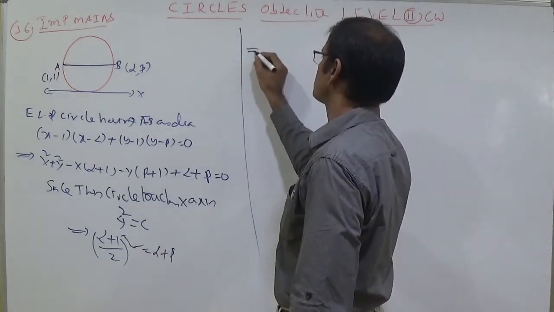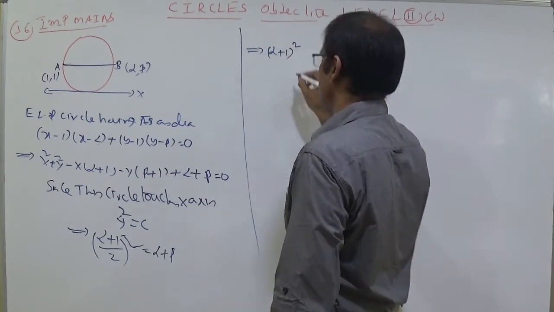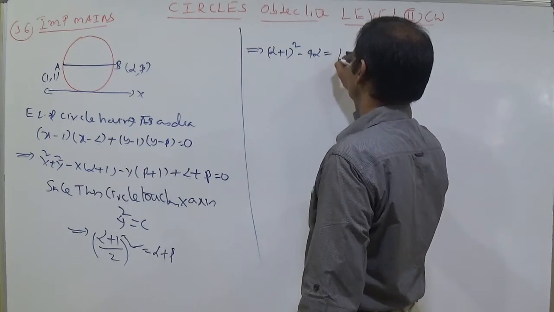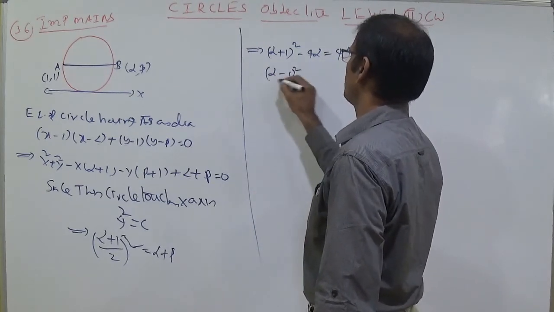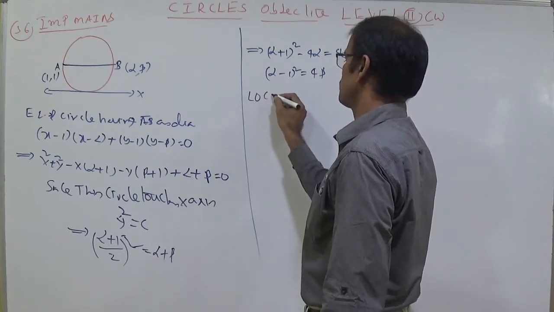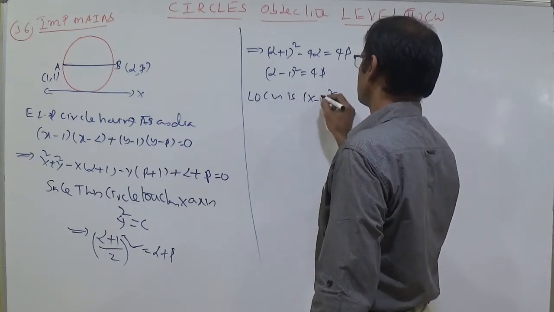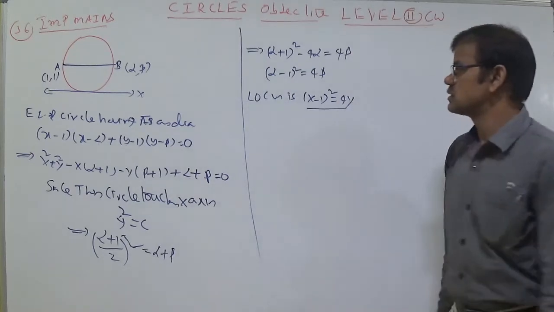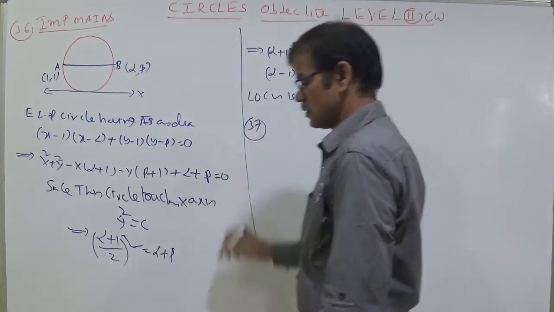That implies (alpha plus 1) whole square minus 4 alpha is equal to 4 beta. This can be written as (alpha minus 1) whole square is equal to 4 beta. So the locus point is (alpha, beta); we can write this as (x minus 1) whole square is equal to 4y. This is the locus.